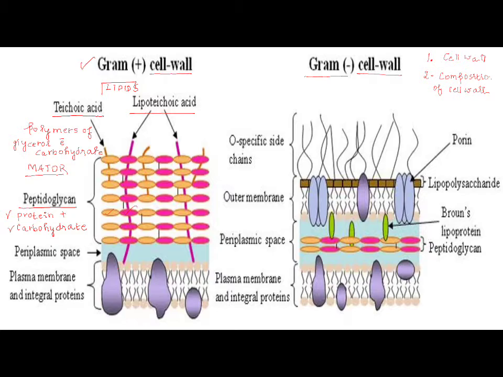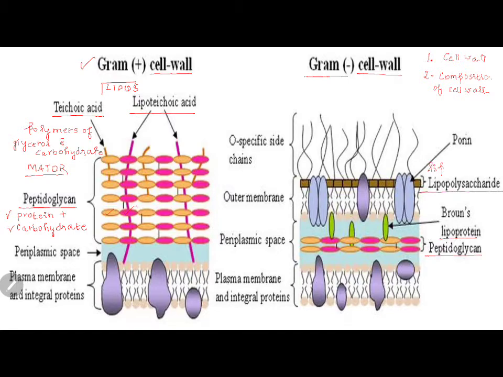Now let us see negative cell wall. As you can see, peptidoglycan is very less. If I have some 7 layers of polymers here, I have only 2. And then I have lipoprotein and majority is lipopolysaccharide.